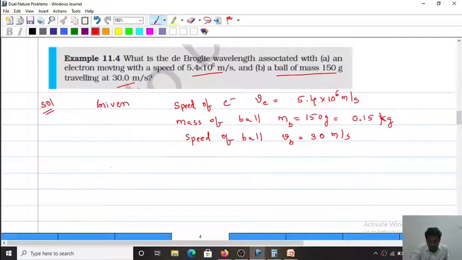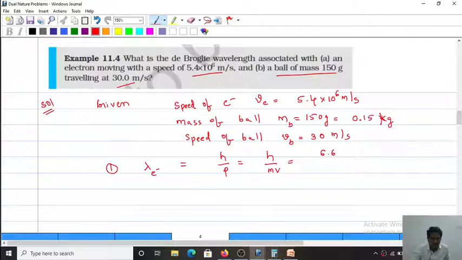It is asked to find the de Broglie wavelength associated with the electron as well as with the ball. So first question, the de Broglie wavelength associated with the electron, lambda electron, equals h by p, or h by mv, where p is the momentum, the product of mass and velocity.